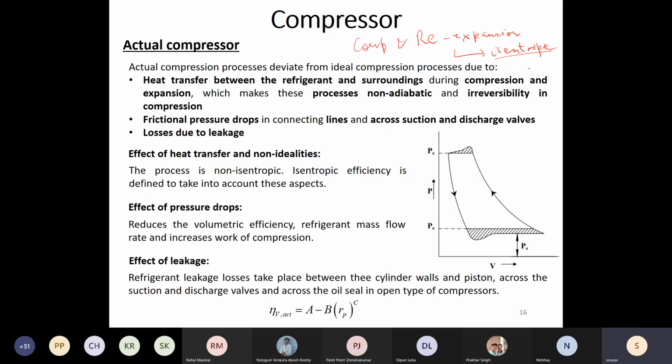Then we never discussed the frictional losses. Okay, now frictional losses, one is of course the mechanical friction. But even if you discount the mechanical friction, you also have the frictional pressure drops because of the flow.